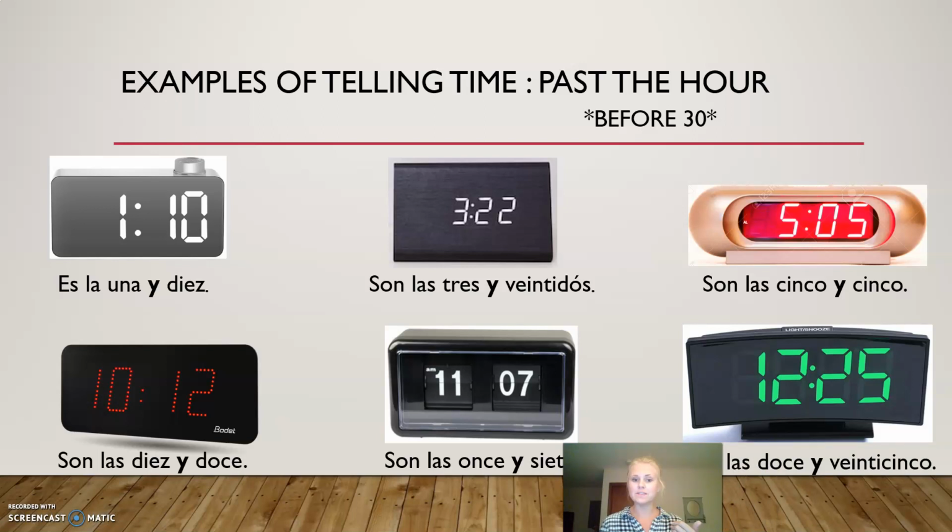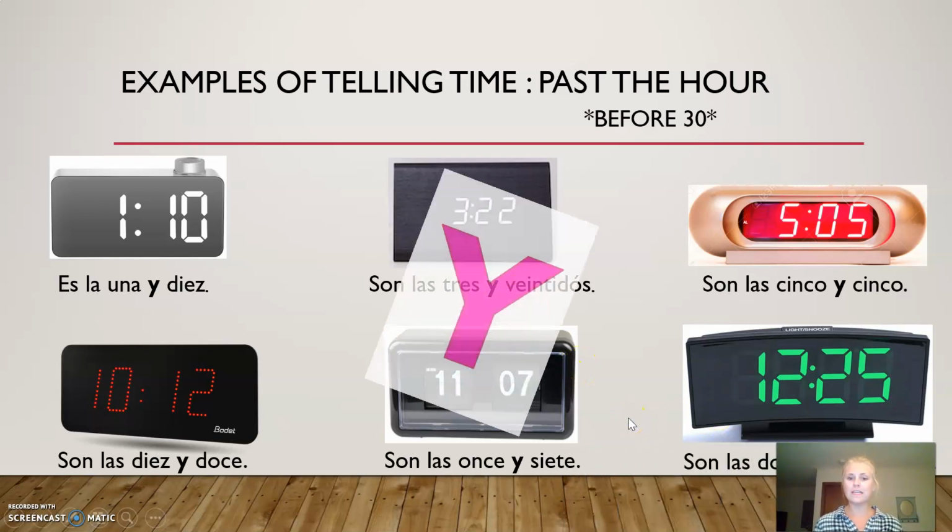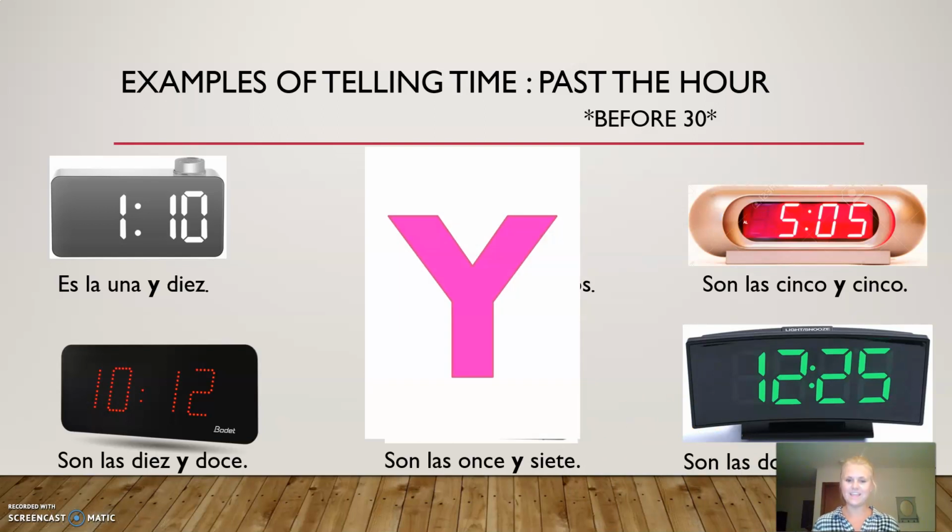Now that you've seen all of these that have extra minutes, not just the flat 00 hour, what is the pattern, or what do you notice about these times? Hopefully you notice that they all have e, right? Not y. Es la 1:10.